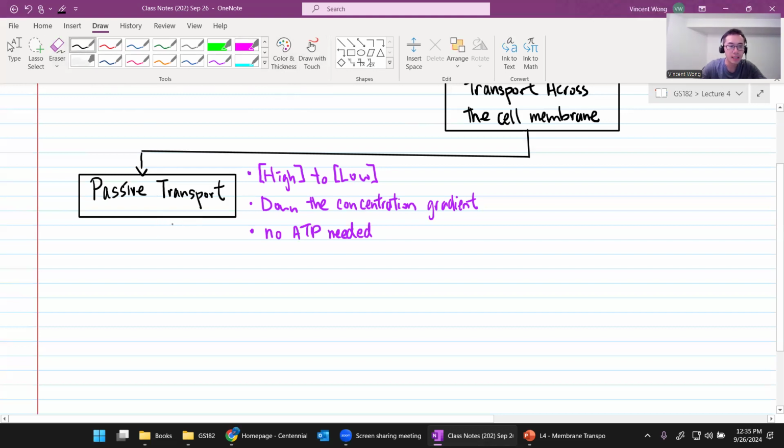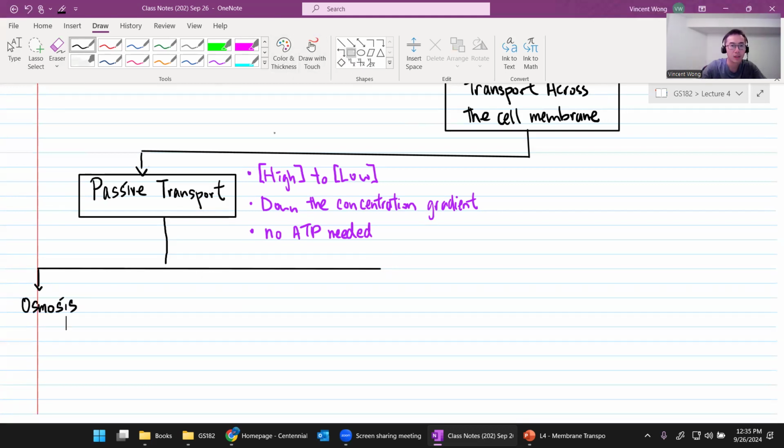So there are different types of passive transport. For example, we have osmosis. Osmosis is basically the diffusion of water.